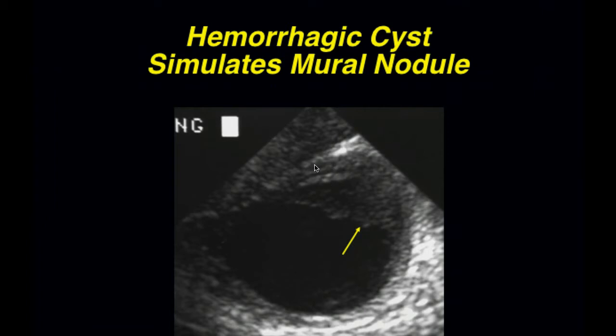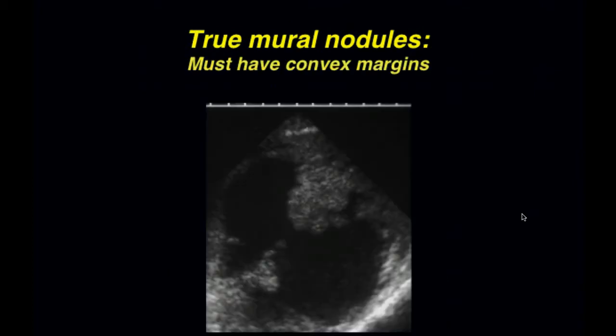And also, if this were neoplastic tissue growing in from this wall, it would have the same echogenicity as the wall. This is what we see with true mural nodules. True mural nodules have convex margins, and they have the same echogenicity as the wall that they grow in from.